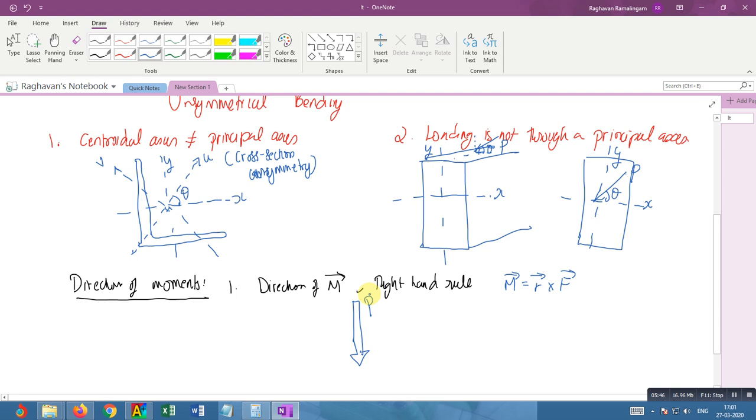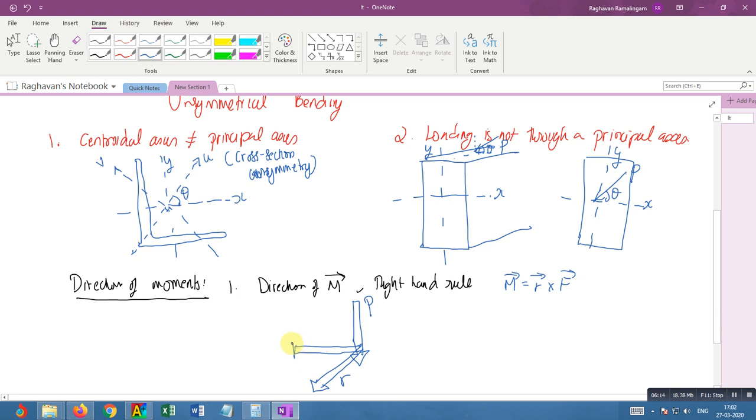So if this is the load vector, and say my distance is measured this way, load times distance is the moment. Now use your right hand: point your middle finger in the direction of load, point your thumb in the direction of R, and the index finger gives you the direction of the moment vector.